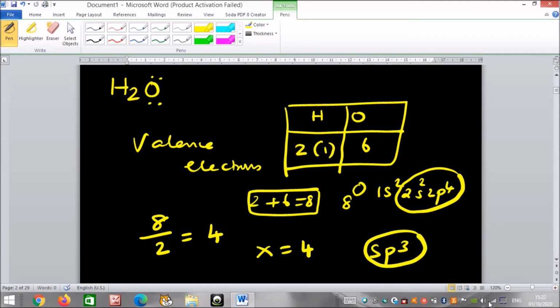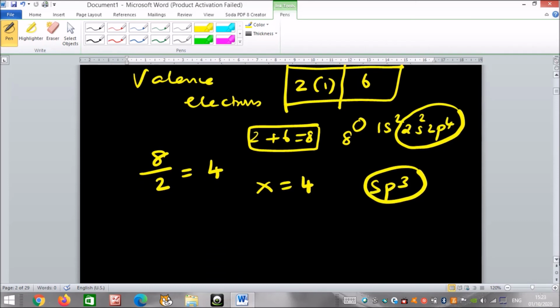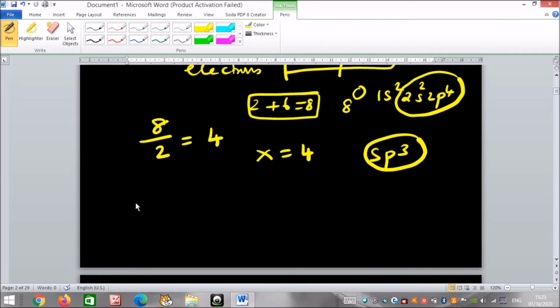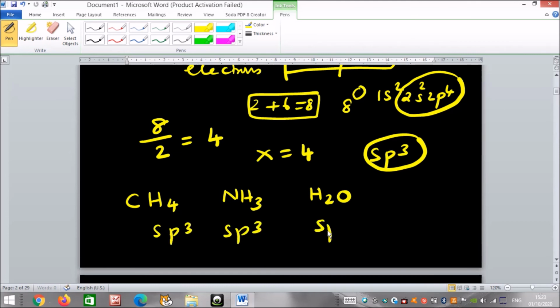So far we have seen three examples. In all the three examples we have discussed, one is methane, the other is ammonia, and the other is water. All the three molecules are formed by the same type of hybridization, sp3. Here you see there are four bonds, four orbitals.